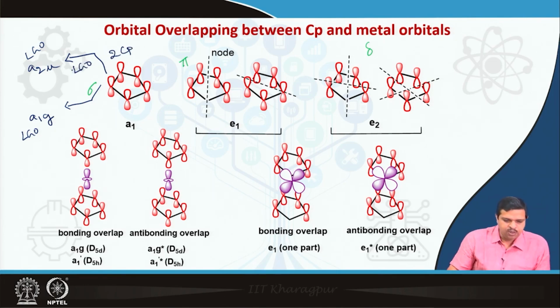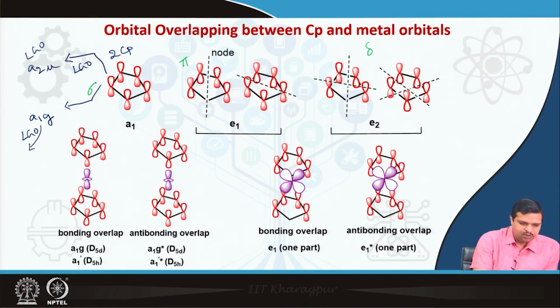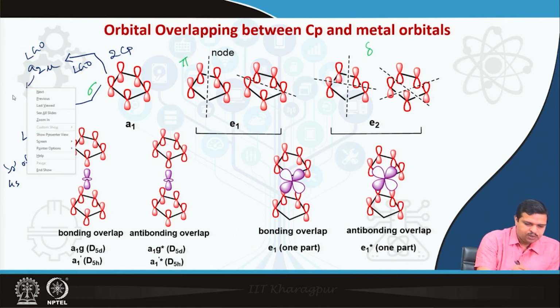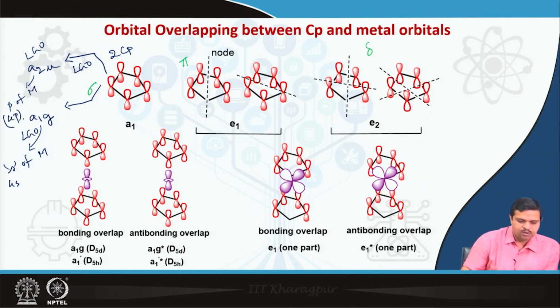You will get two LGOs, one of A1g symmetry and one of A2u symmetry. The A1g is perfectly matching with the s orbitals of transition metals, for 3d transition metals the 4s, and the other will perfectly match with the p orbitals of the metal centers, for 3d transition metals the 4p.